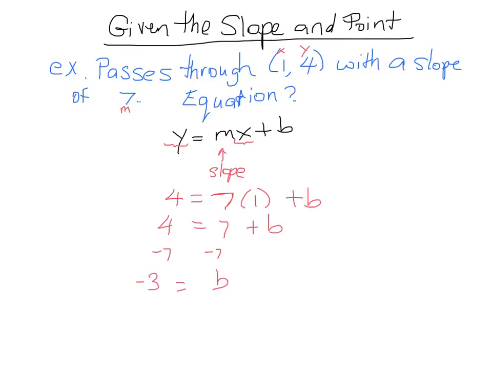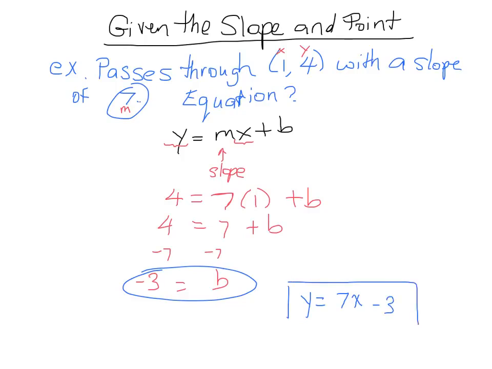So now that we know b, which is -3, and we know m, which is 7, we can write our equation just like we did in our previous example. The equation of this line is y equals m, which is 7x, plus b, but b is -3, so y equals 7x minus 3.